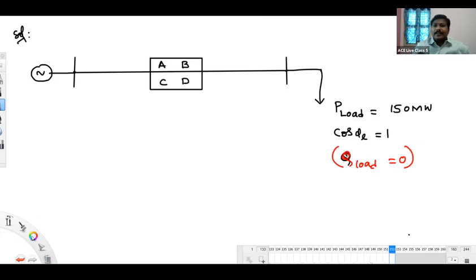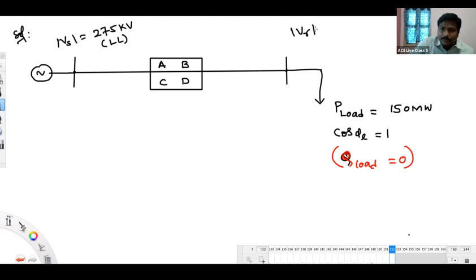Next. Listen please. See, sending end voltage. All of you stop writing and just check what I am asking. Sending end voltage, I am maintaining at 275 kV line to line.